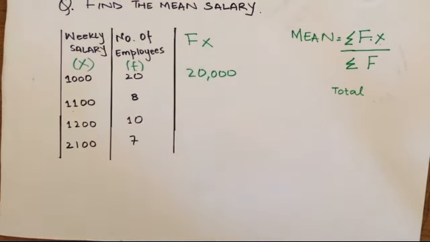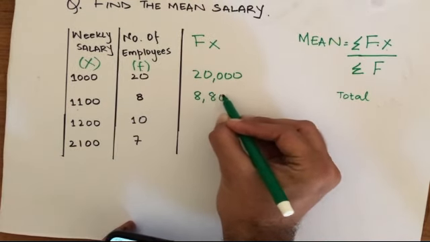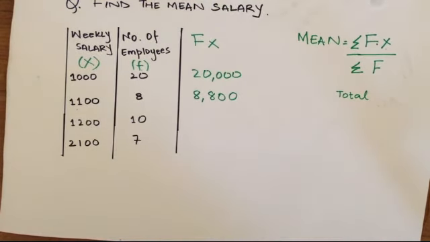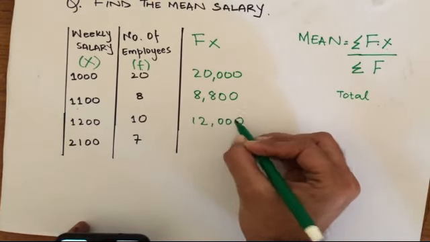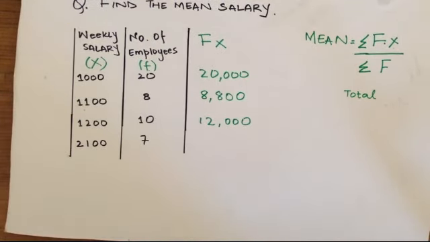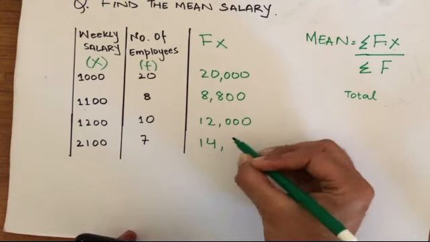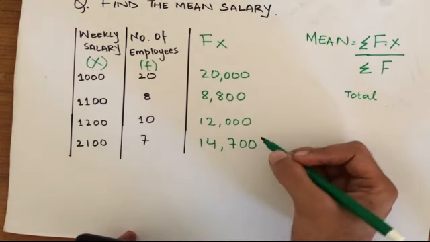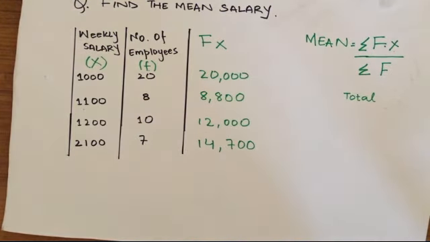Next is 1100 times 8, which is 8,800. Next is simply 12 into 10, that would give you 12,000. And moving on is 2100 times 7, that is 14,700. So here we have fx, the product of f and x.